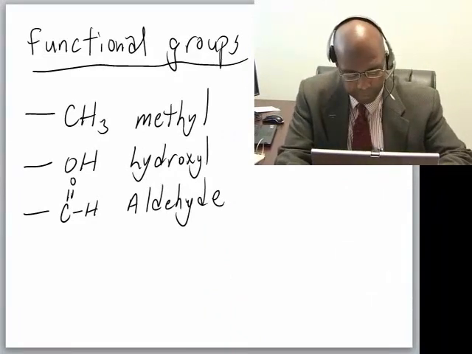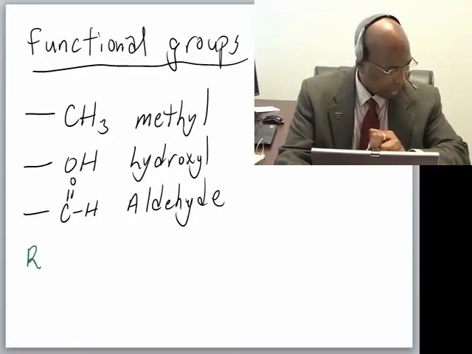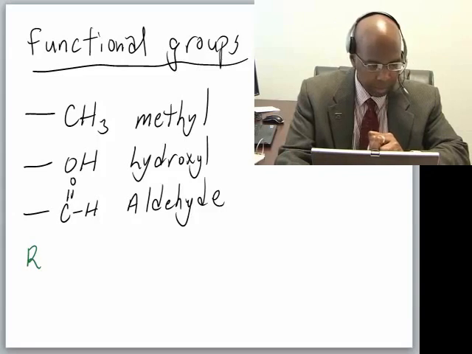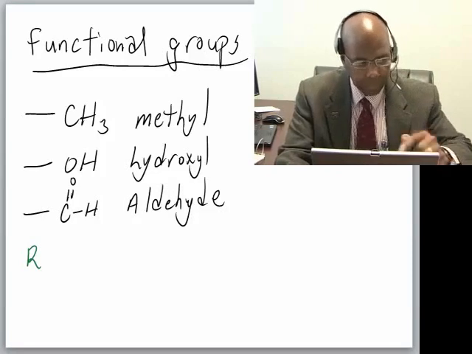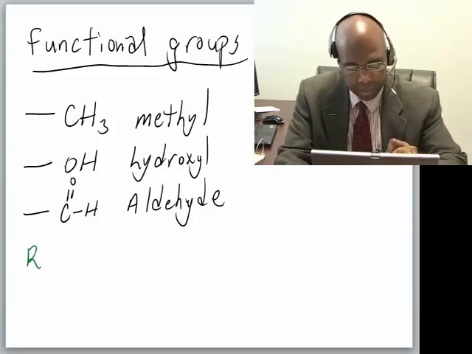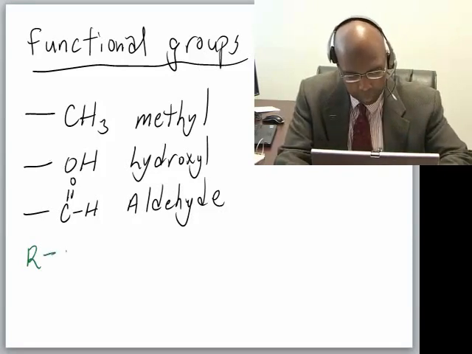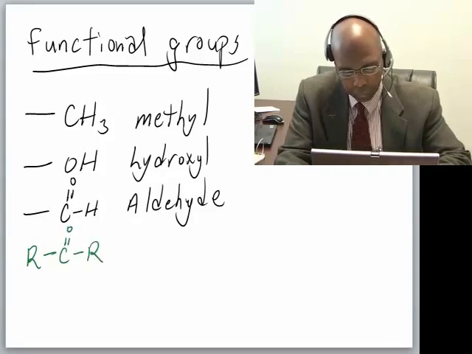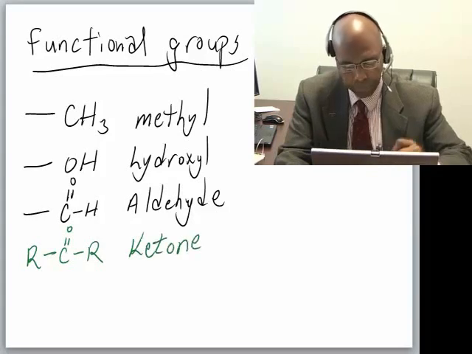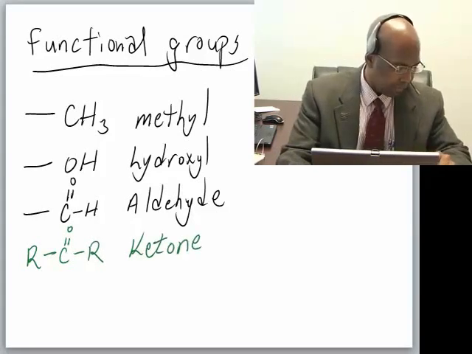If we have an R, C double bond O, and another R, we call this functional group a ketone. Again, all of these we've seen.